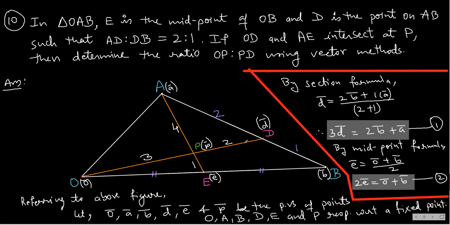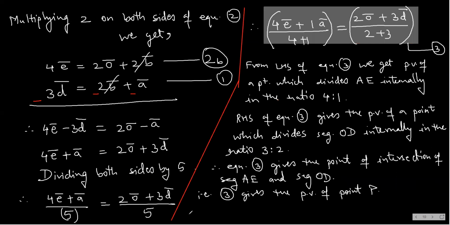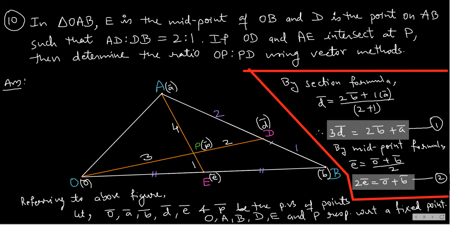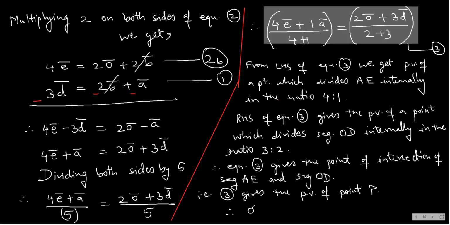So here you have 3 and this is 2. Okay. So now we have the final answer. Therefore, OP is to PD is equal to 3:2.